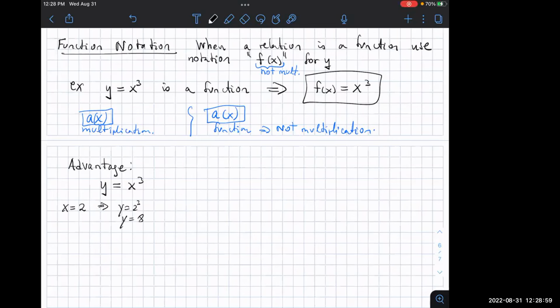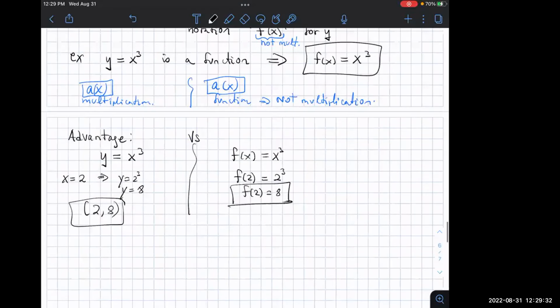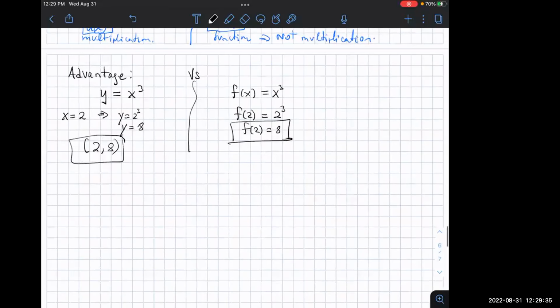When I'm looking at function notation, f of x equals x cubed, I don't have to state on the side that I'm letting x be 2. I just plug it in. Then this becomes f of 2 equals 2 cubed, so f of 2 equals 8. So the ordered pair (2, 8) becomes f of 2 equals 8. It's a little shorter and it does have other advantages.